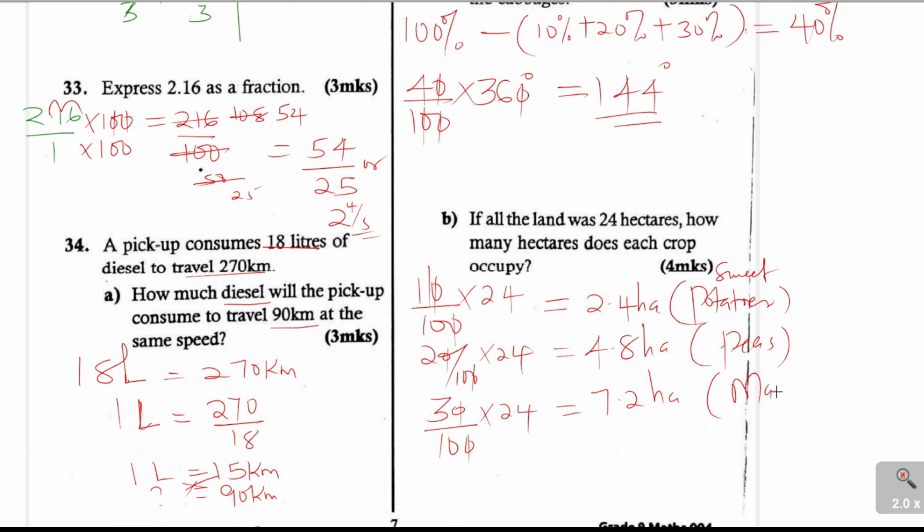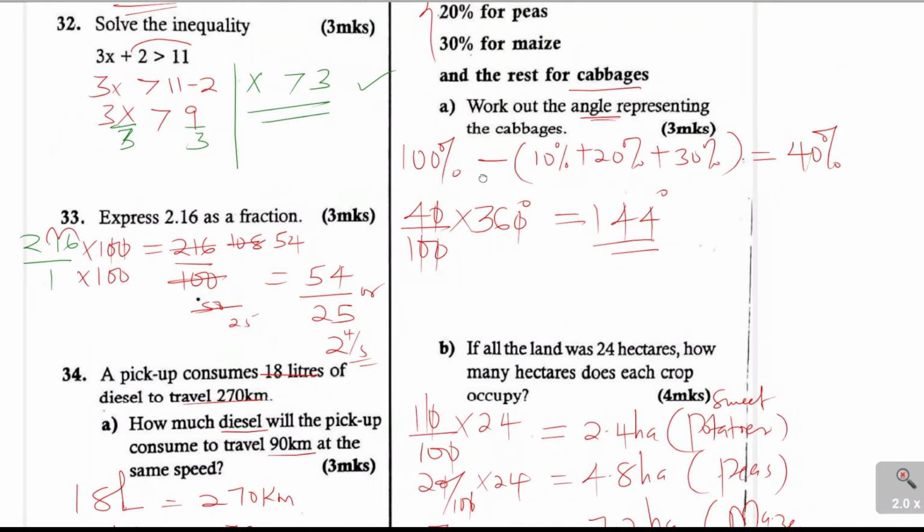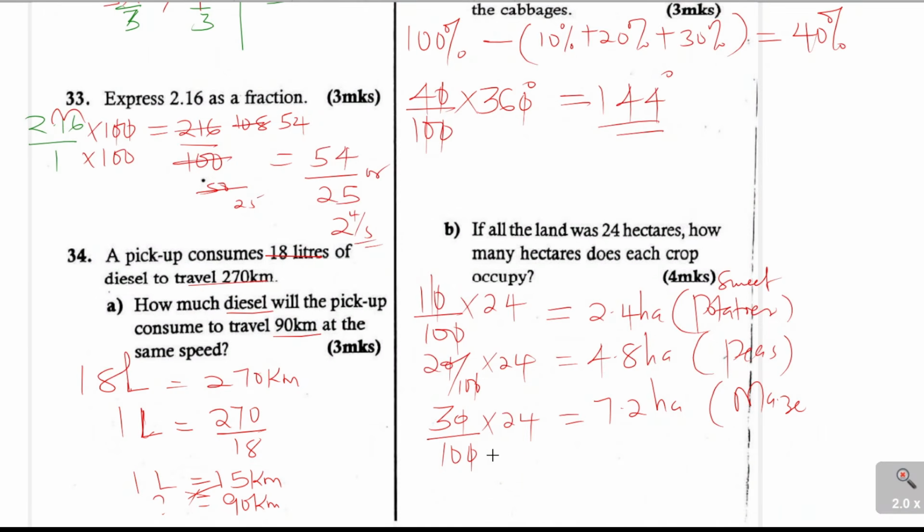That is for maize. And then the rest is cabbages. Cabbages is 40%. So this is 40 divided by 100 multiplied by 24. So this will give 9.6 hectares.